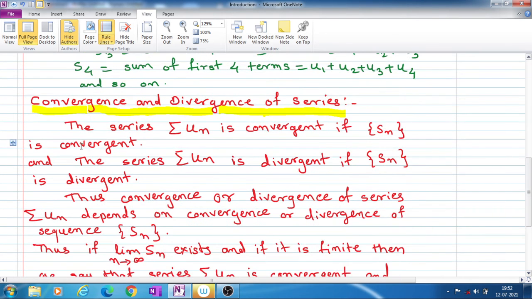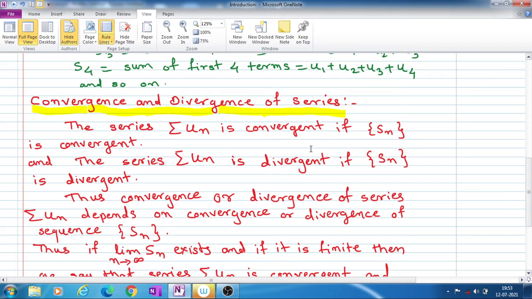Now what is convergence and divergence of the series? The series summation un is convergent if the sequence Sn is convergent. So how do we test convergence and divergence of the series?